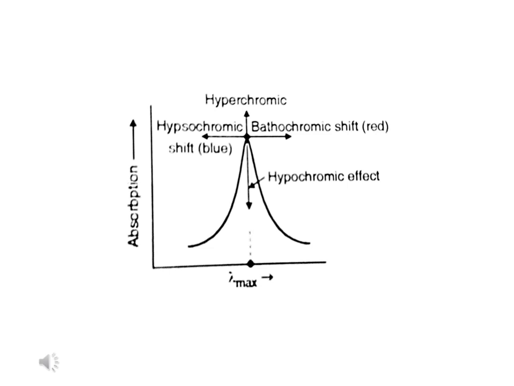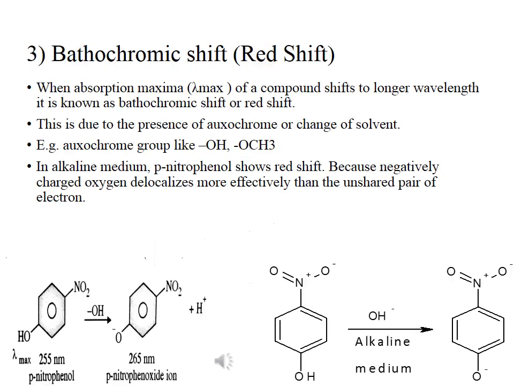Then hypsochromic shift or blue shift, which shows a decrease in the wavelength. Then hypochromic shift, which shows a decrease in the intensity of radiation, and hyperchromic shift, which shows an increase in the intensity of radiation. One by one, we are going to discuss these points.